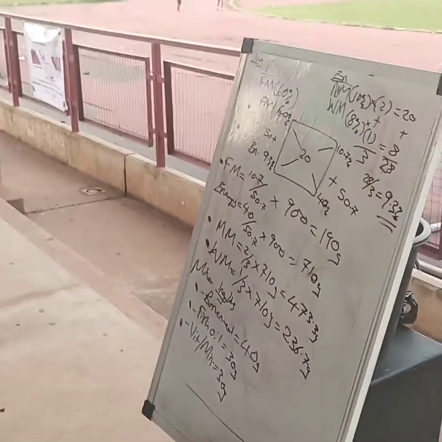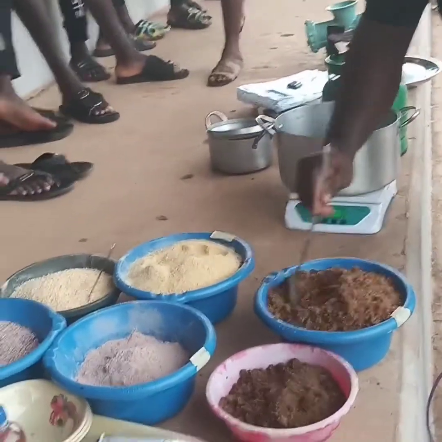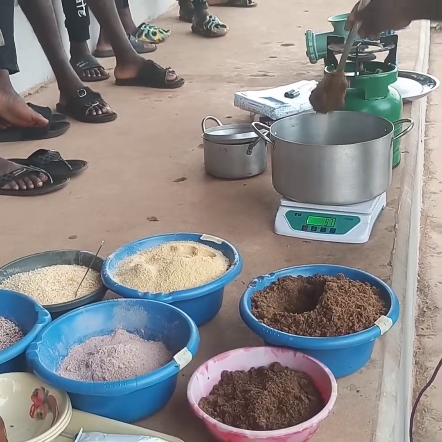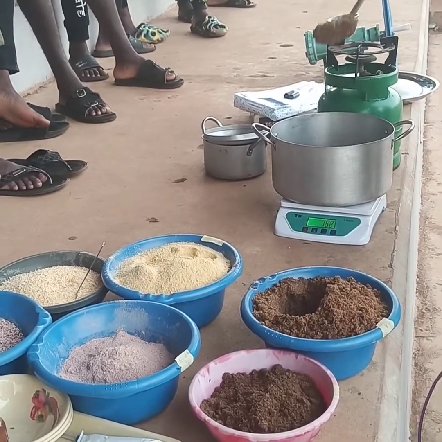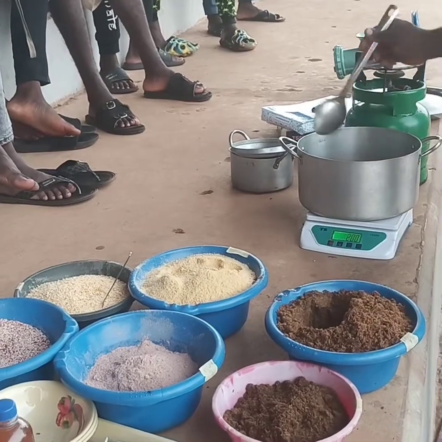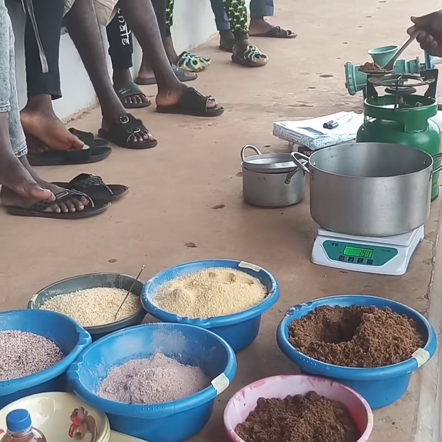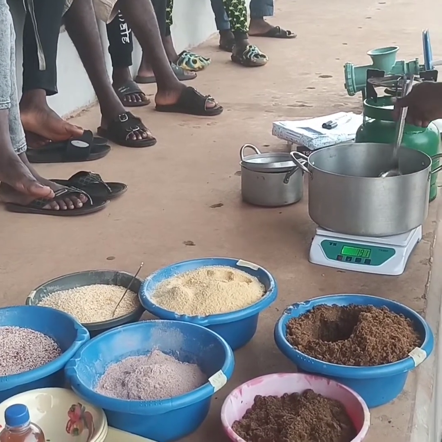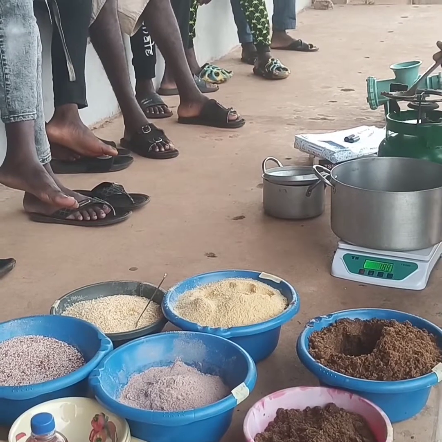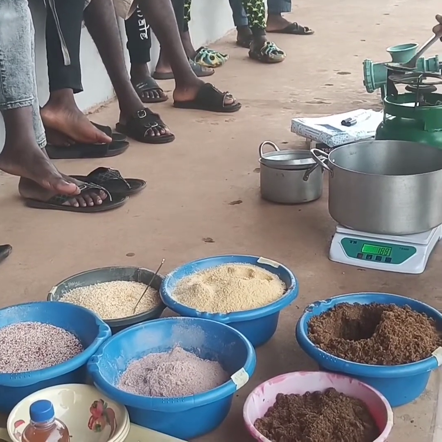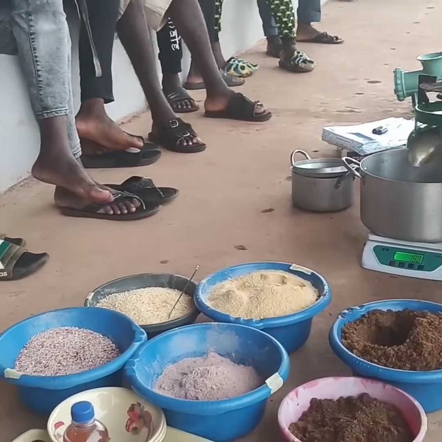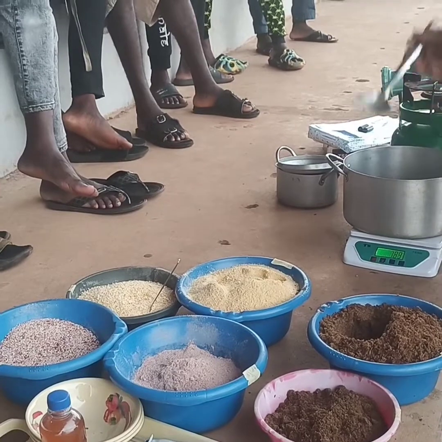Fish meal is 190 grams. 152, 177, 209. Let's reduce it to 190. 191, 189.